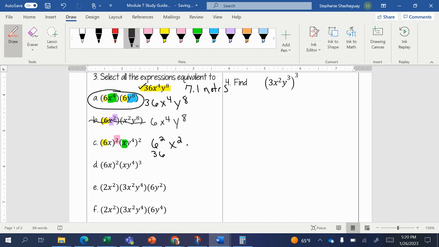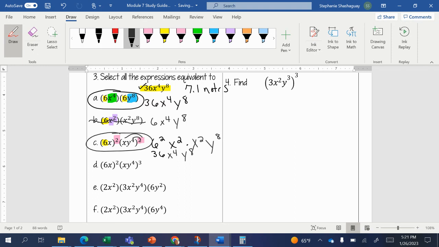Let me go ahead and distribute this exponent here. So this is going to be multiplied by x squared because I distributed the power to the x, and then y to the 8th power because I distributed the power to the y. So now I have x to the 4th, y to the 8th. So this is another correct answer choice.